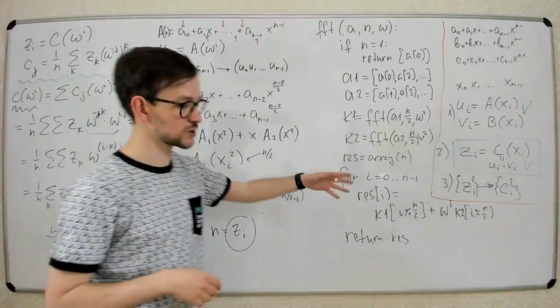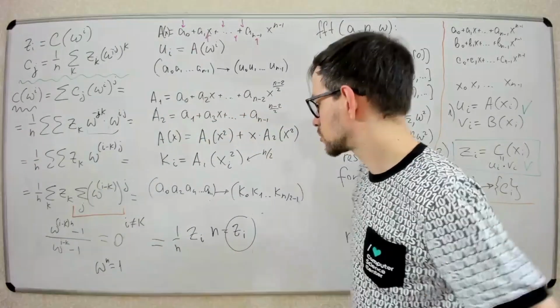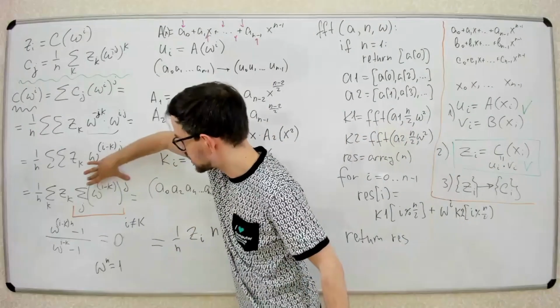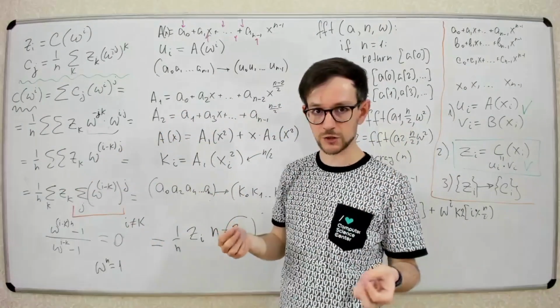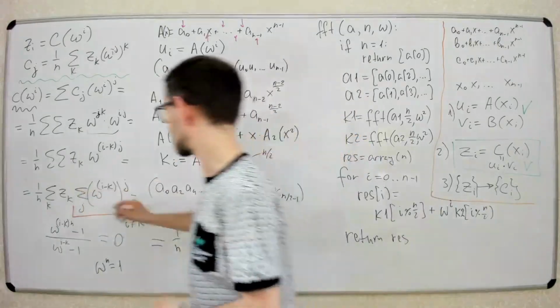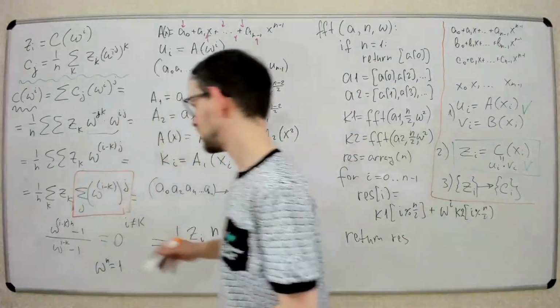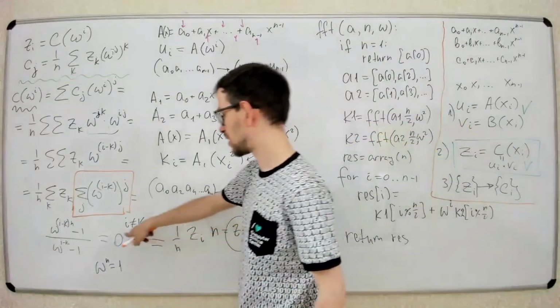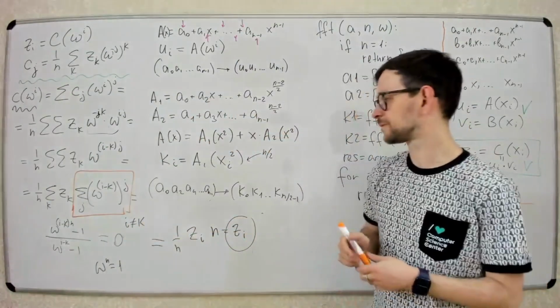Here the power j disappeared. I just take this as a sum of geometrical progression. So this whole sum is the sum of geometrical progression, and this sum is either 0 or n.